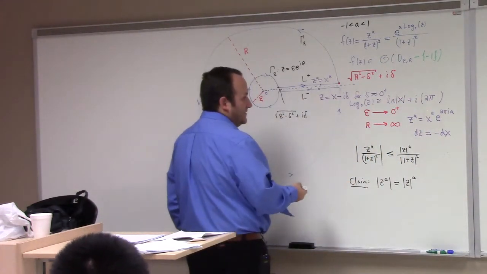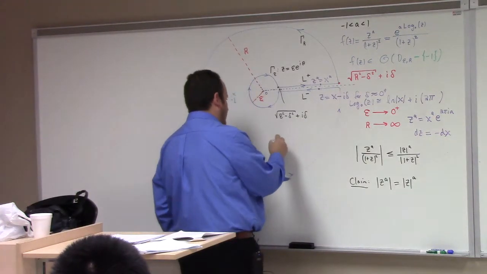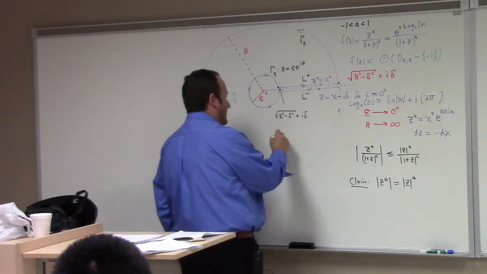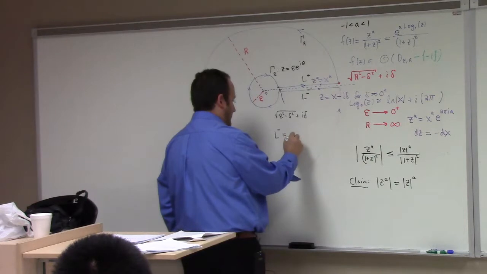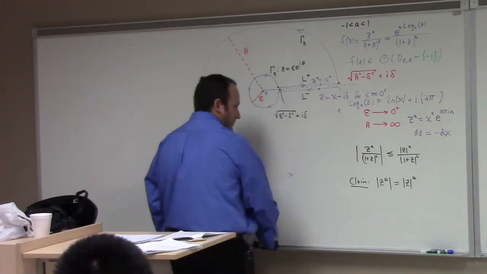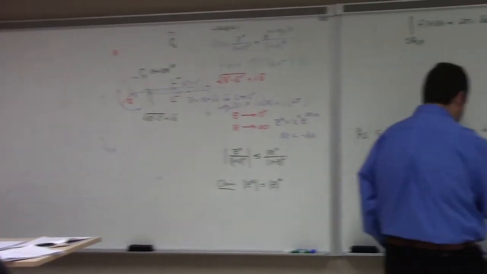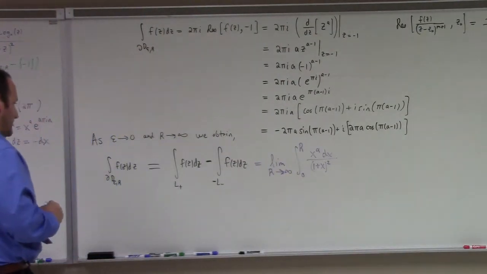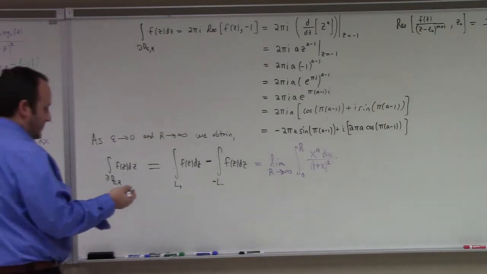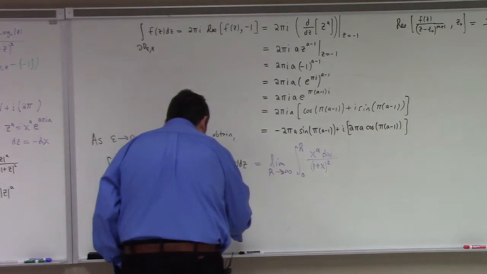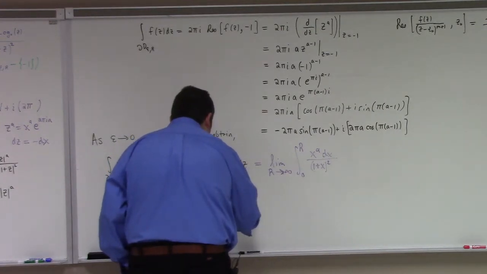Let's think of it this way: L minus is minus the reversal of L minus. Let me rewrite this as minus L minus. The reason for doing that is that the reversal of L minus has z equal to x minus i delta, and dz equal to dx.